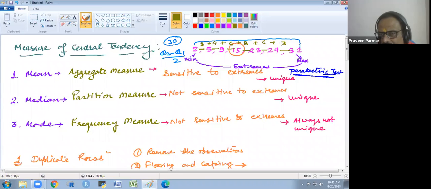Understand? Average scatterness of the data. This you will not get in any book. You will get the deviation from mean, the deviation from median, the deviation from mode, which is called the mean absolute deviation, or you could get the standard deviation, but you could not get the average scatterness of the data.